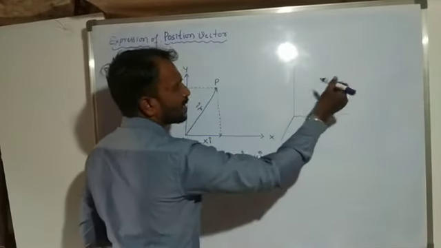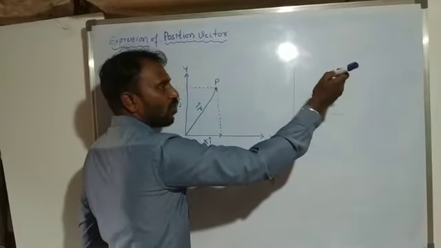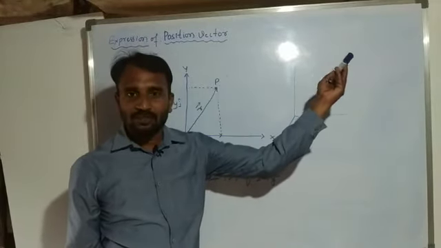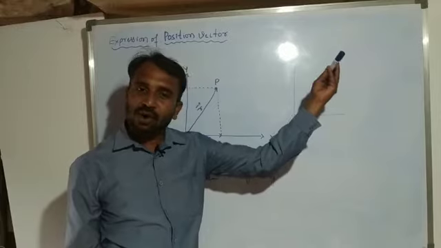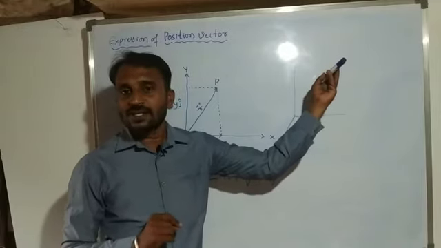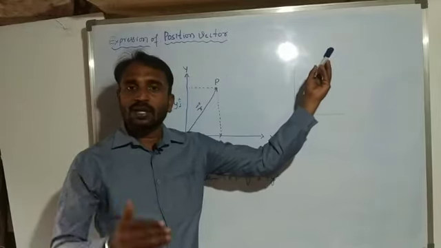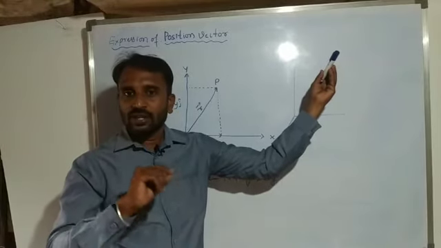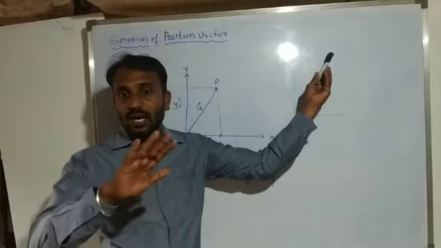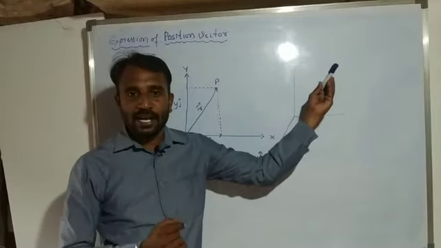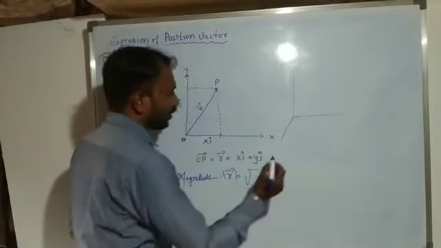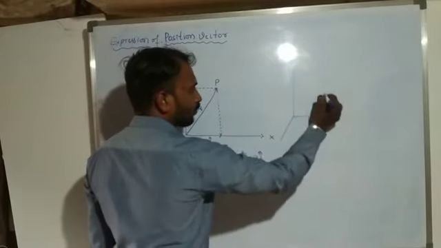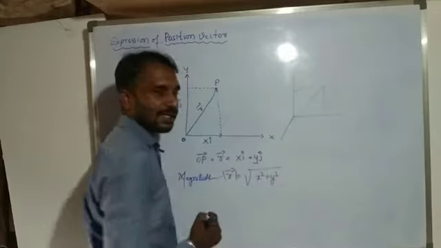The same thing here, the particle is present in space. We want to find the position of this particle, so we consider the x coordinate, y coordinate and z coordinate. Along the x-axis i cap is the unit vector, y-axis j cap and z-axis k cap. Suppose this object is at x, y and z.